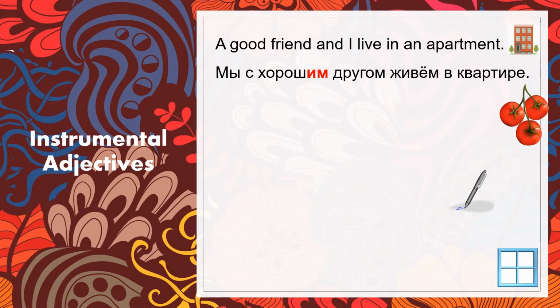Now, usually the ending should be -ым, but when you follow letters like ka or sha, the ы becomes an и, so it is хорошим, right? It sounds like it's an ы, but the spelling rule states that after ка or ша or a few other letters, you use an и.